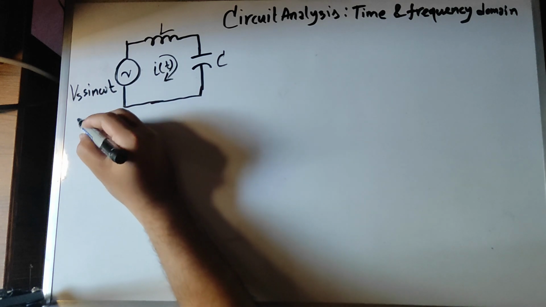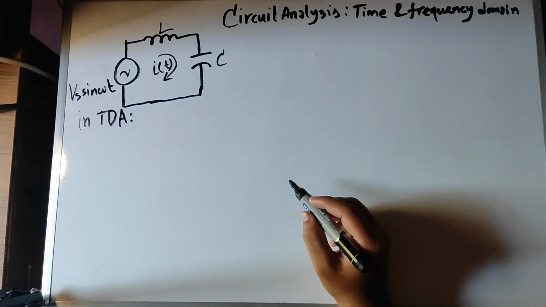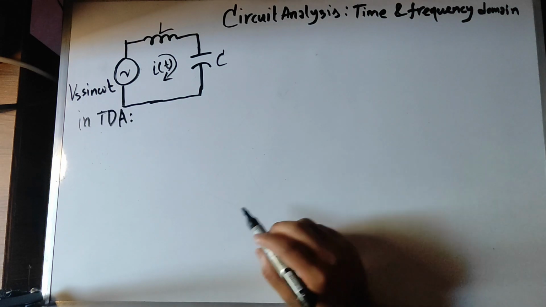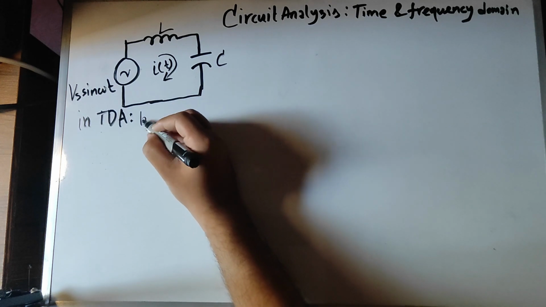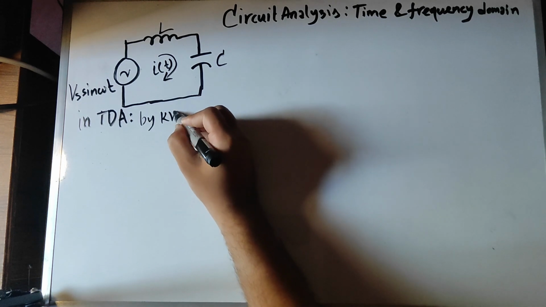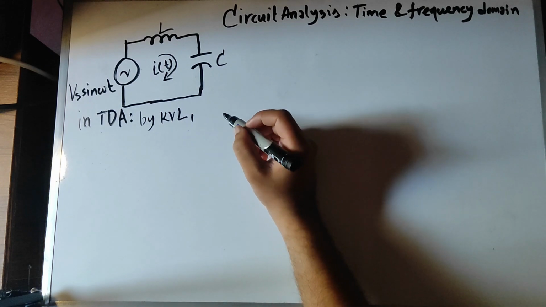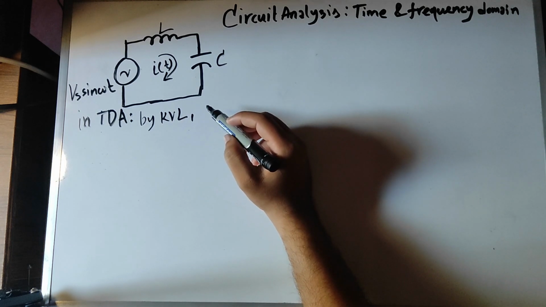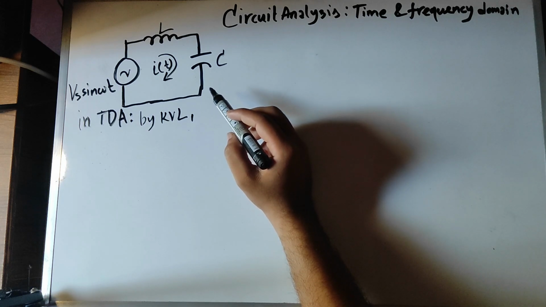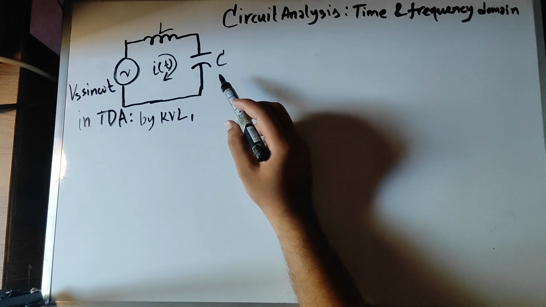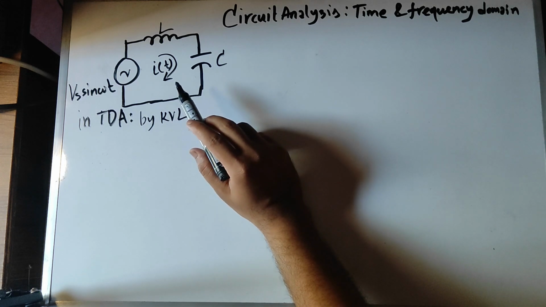So in time domain analysis, we are gonna apply KVL. This is a series LC circuit, and this is an LTI system, a linear time invariant system, where C is capacitance, L is inductance.